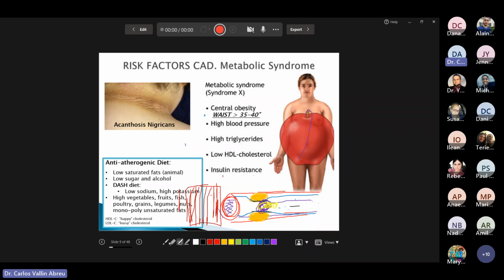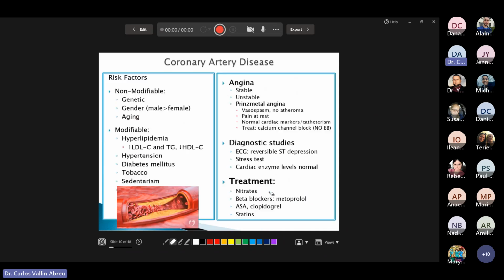This is the thrombolytic therapy, the TPA. But you have a very short window period, 6 hours, to benefit from this procedure, okay?